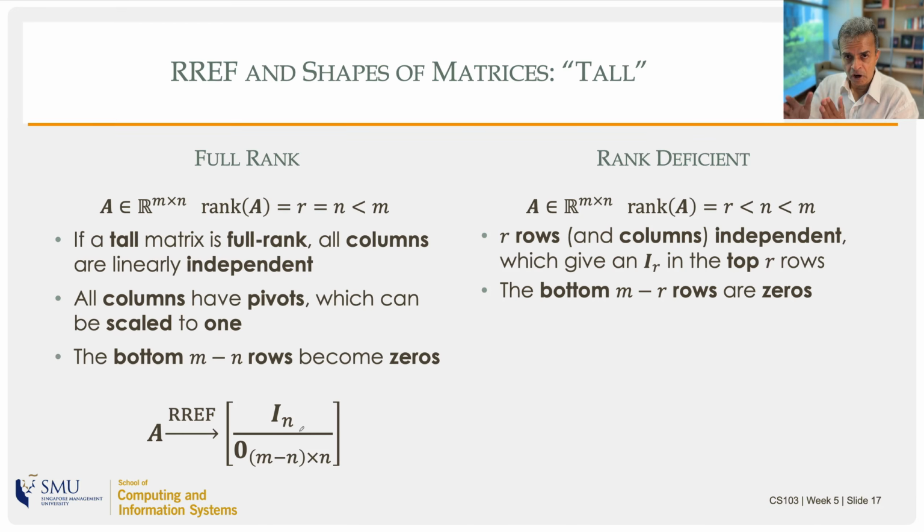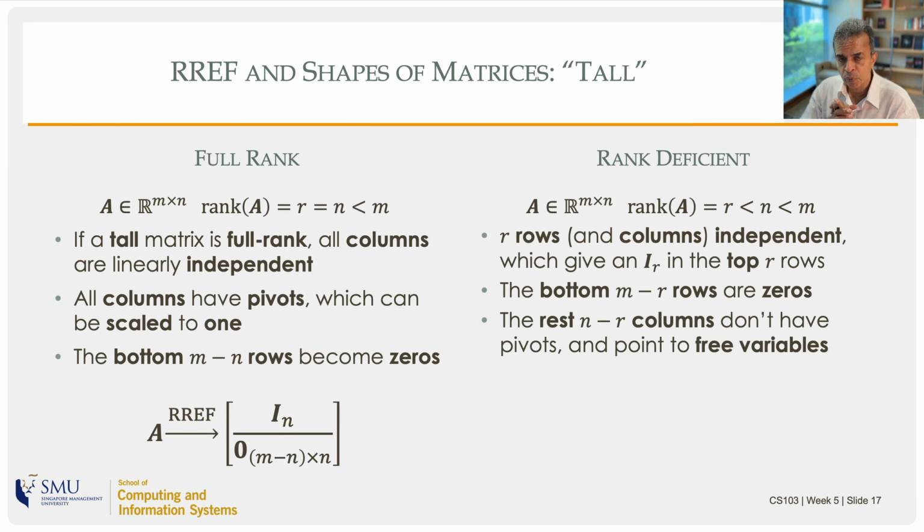So there are n columns now. Only r of them will have pivots which have become 1 because of the process of Gauss-Jordan elimination. The rest, n minus r columns, don't have pivots and they are columns corresponding to free variables. But again, the free variables don't have to be cleanly separated from the pivot columns.